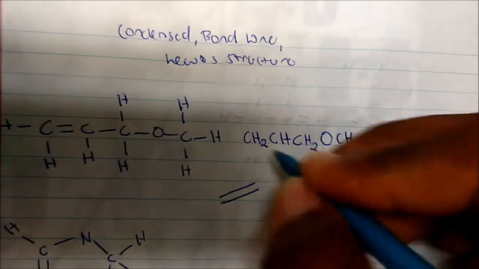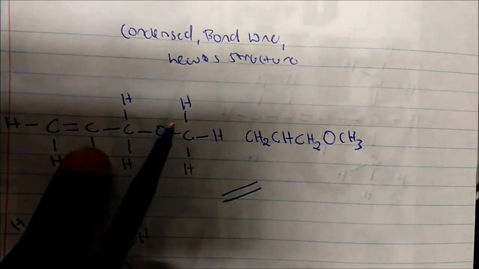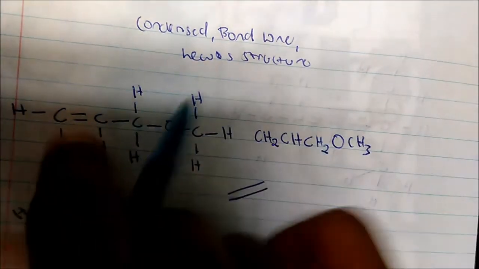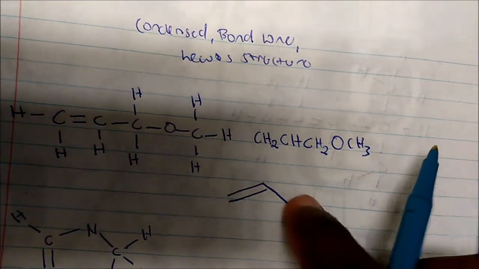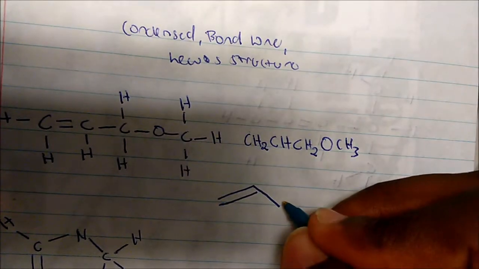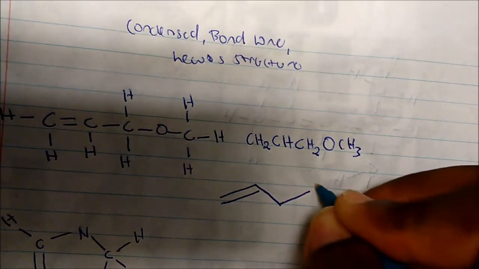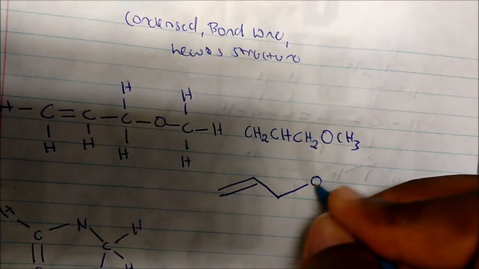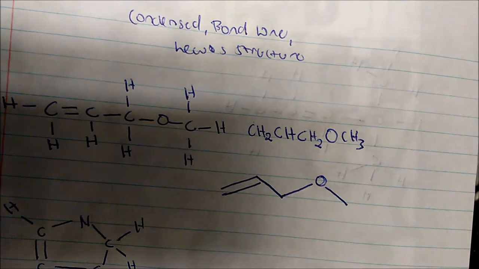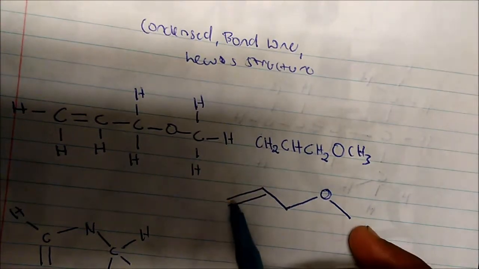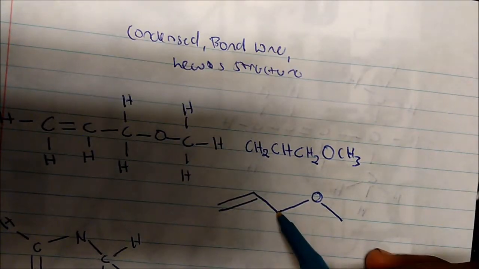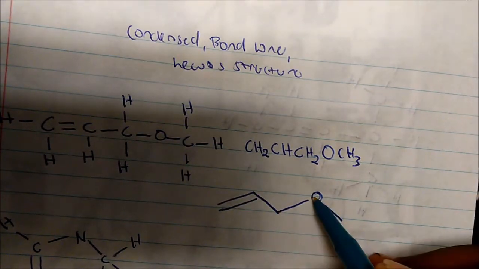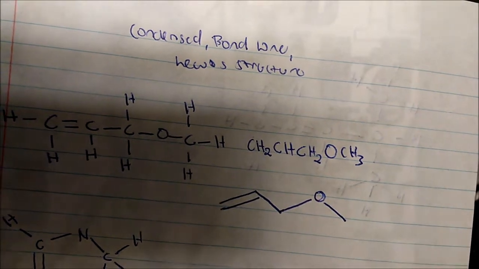Here's my carbon that has one hydrogen, and this is bonded to a CH2. Here's my CH2 that will join my oxygen. I have an oxygen with a CH3. So notice I have my CH2, my double bond, here's my CH, my CH2, my oxygen, and my CH3 at the end.